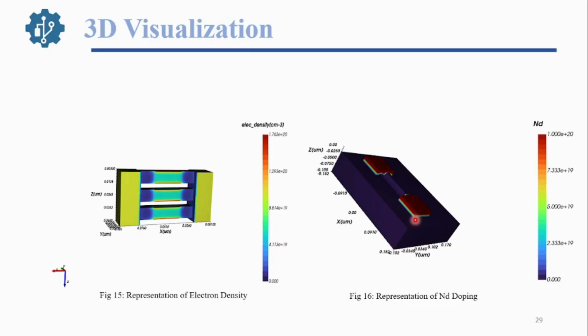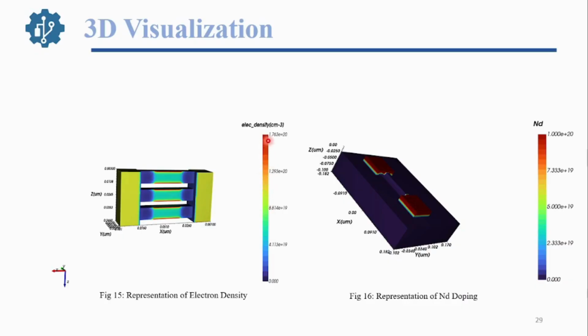Now you see here, this is the 3D visualization. After creating a device and simulating it, you see the results in the form of 3D visualization. See here, this is the electron density. At the channel length, the high concentration of electron density is at the surface of the channel. This is the color representation line.